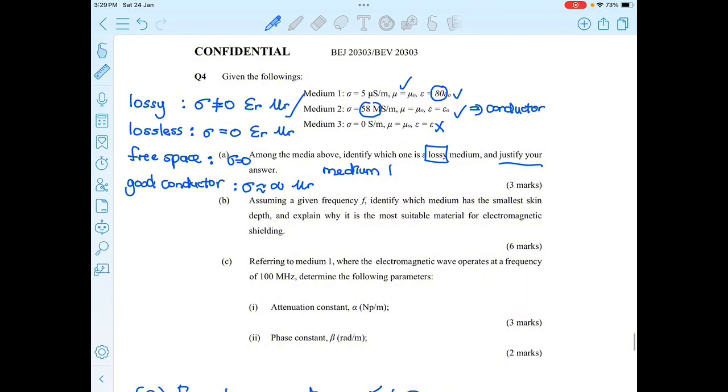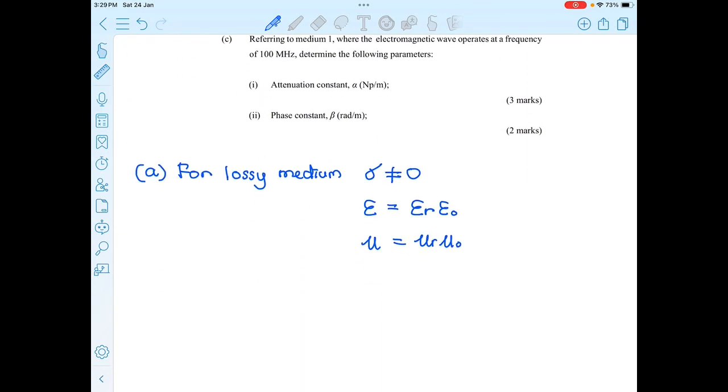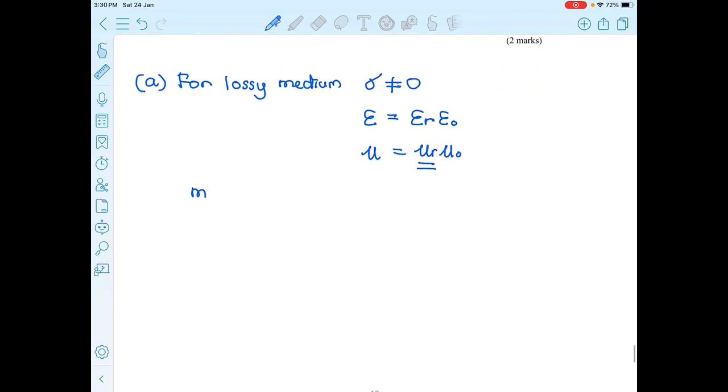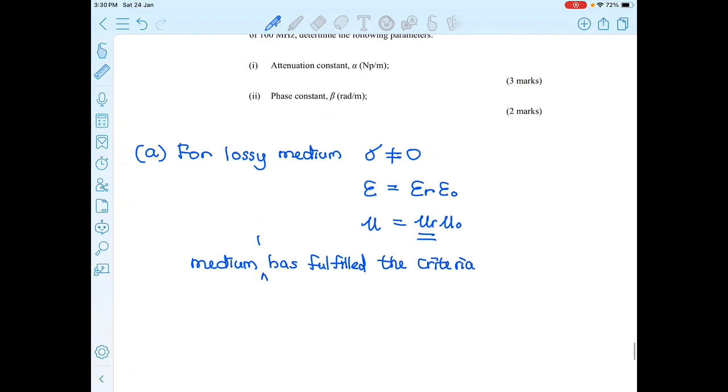This is okay because most materials are not magnetic, so most of the time mu r is equal to 1. For a lossy medium, these criteria are fulfilled, so you can just mention that medium 1 has fulfilled the criteria. So this is question A.